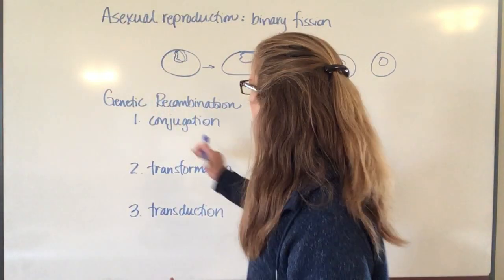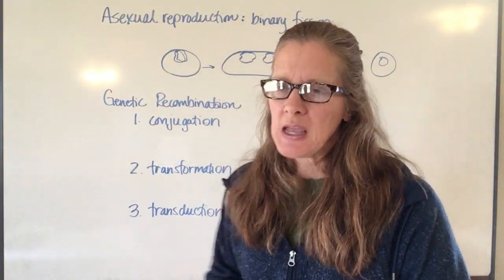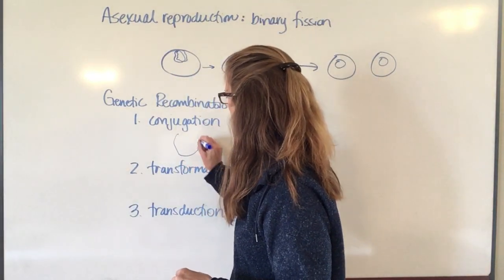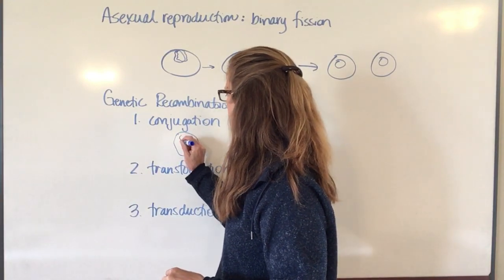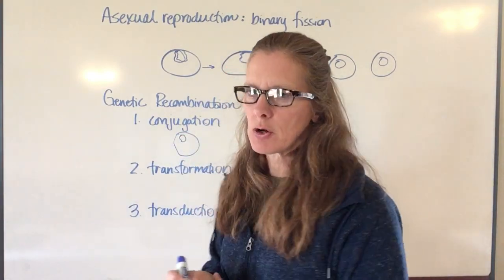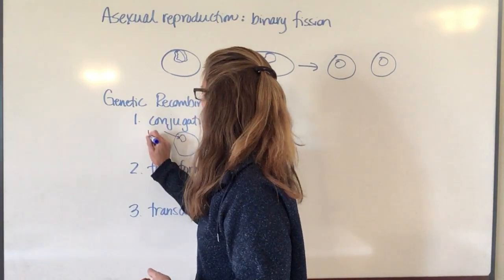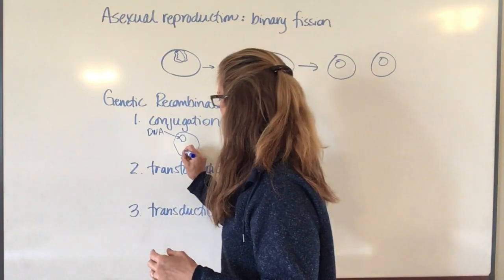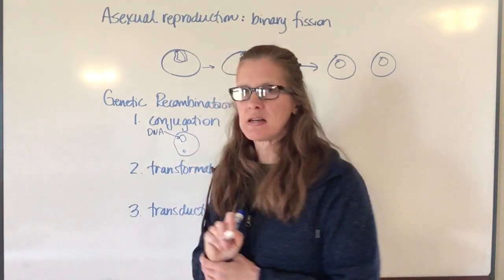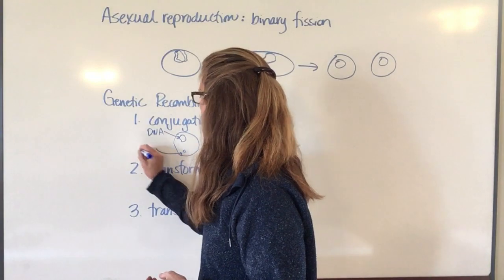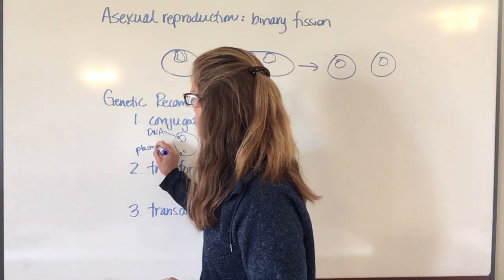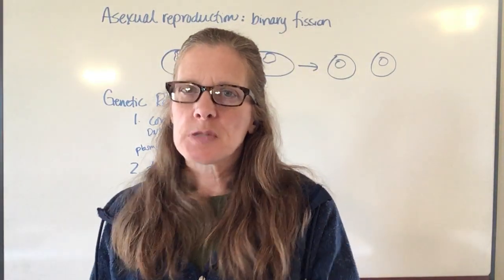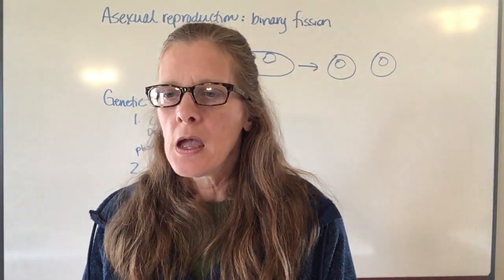The first way is by conjugation. Now, what conjugation means is that I've got one bacteria here, and here's its main ring of genetic material. So here's its DNA, the vast majority of it, but it also has a little piece of DNA down here, and this is called a plasmid. And a lot of times that plasmid is going to specify for a very specific trait within the bacteria.